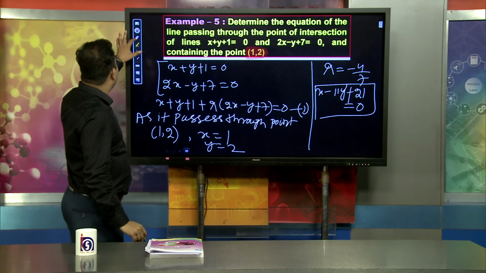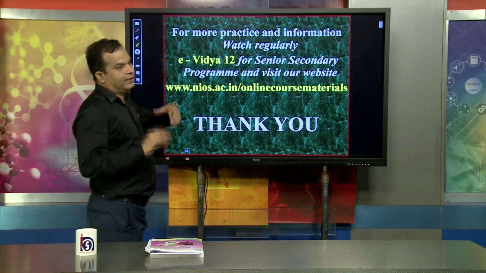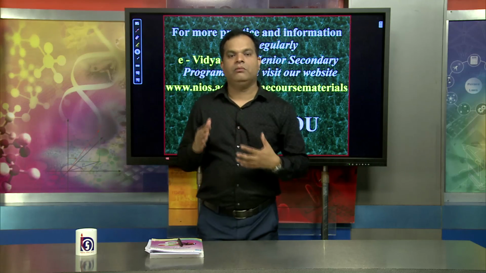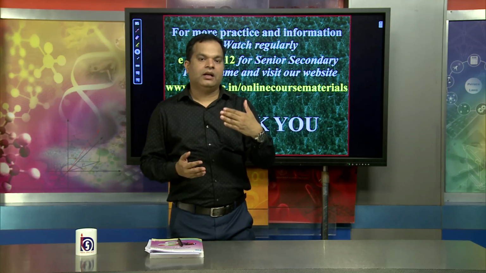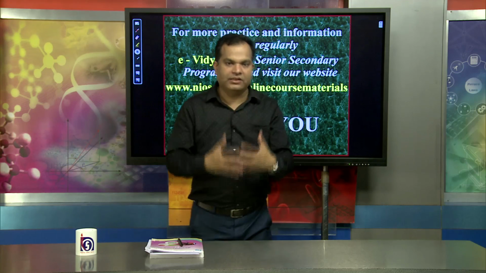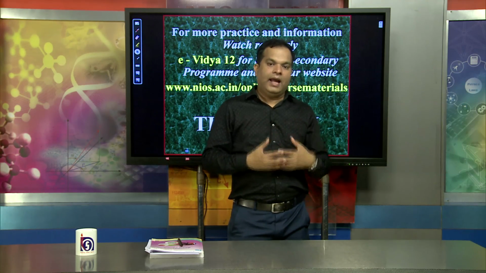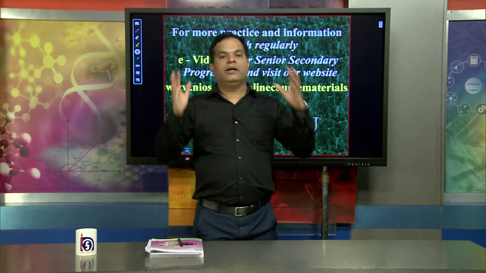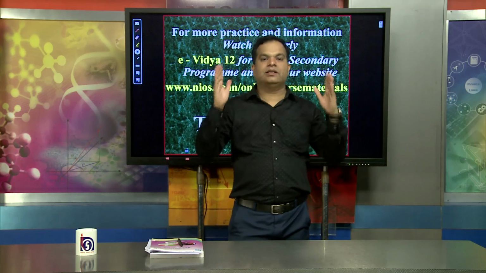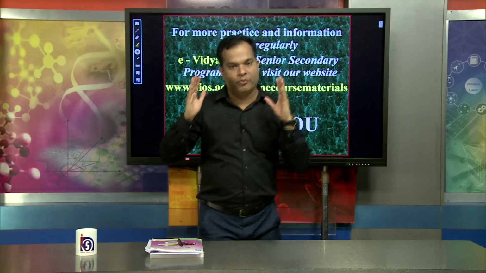So, dear learners, what we have discussed is the equation of a straight line in general form. When we reduce it, we can find its intercept as well as its slope. We also discussed the conditions under which two lines are parallel and perpendicular.